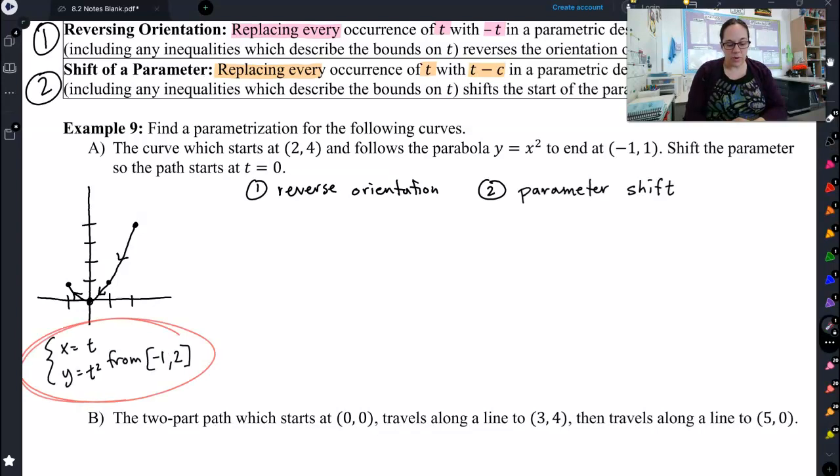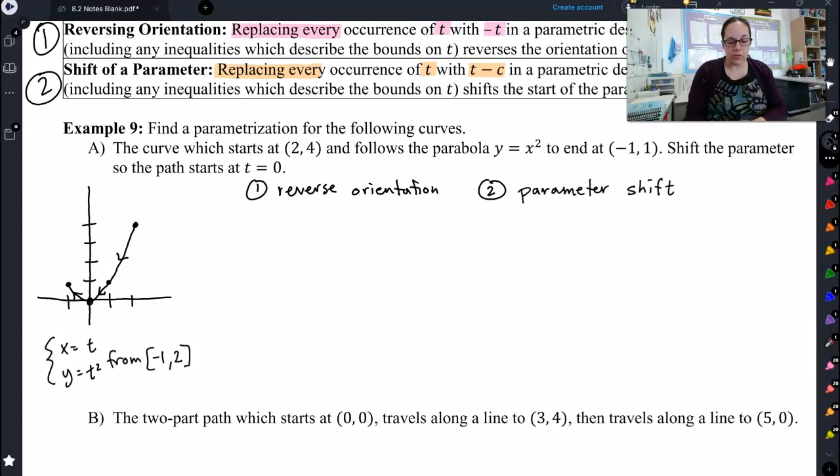So this right here is currently describing this parabola right here. However, as we said before, we're starting at negative 1 and going up to 2. So the first thing I want to do is reverse that orientation.